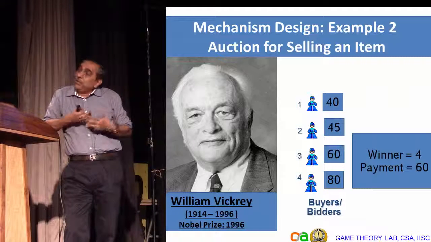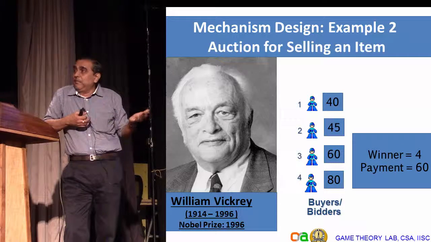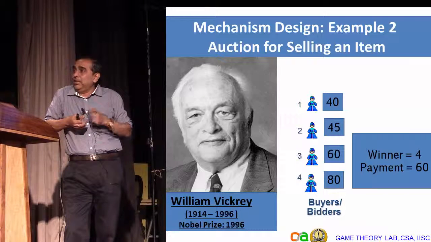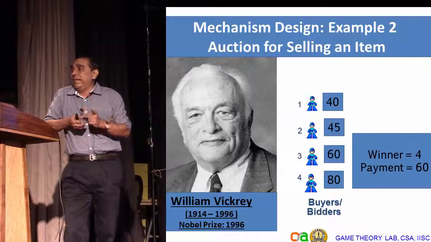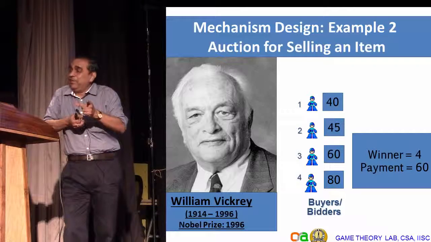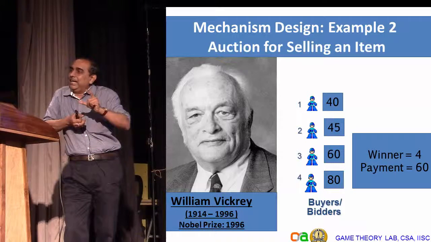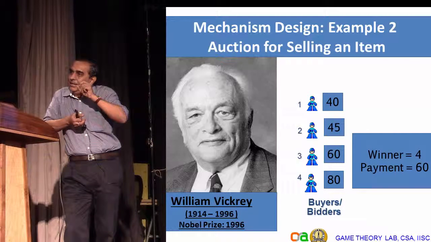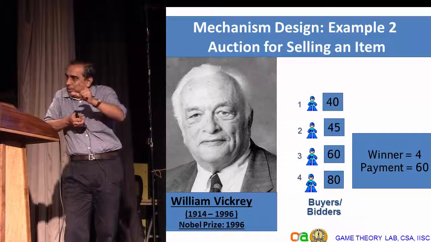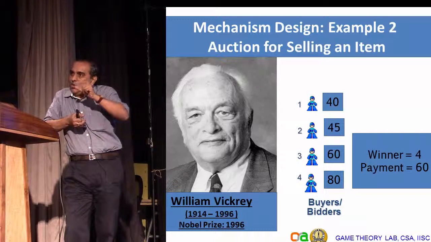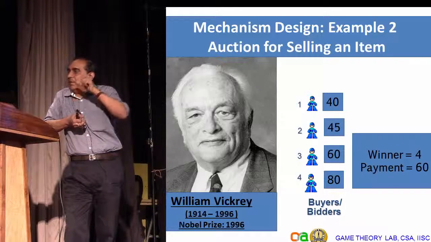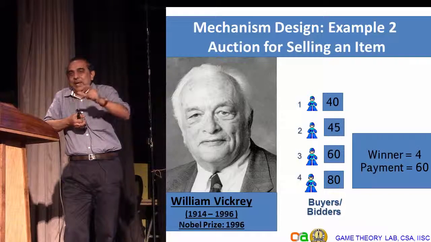Fine. So what William Vickrey did was to say that you are not going to pay what you have bid, but you are going to pay something less than what you have bid, which is equal to the difference between the bids of the highest and the second highest bids. And by writing down the underlying game, he was actually able to show that it is a strongly dominant strategy for each player to bid their true valuations.